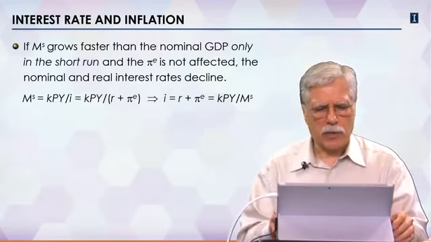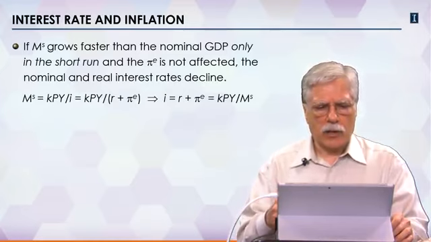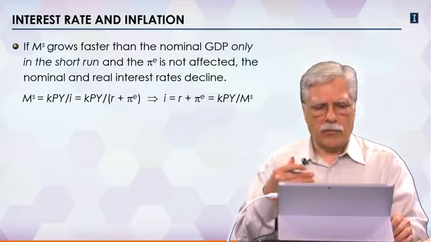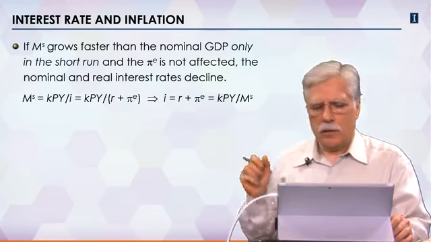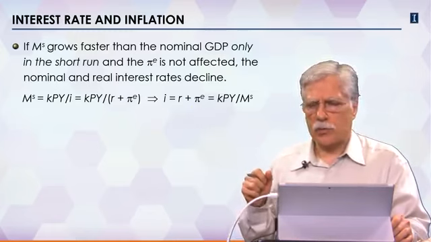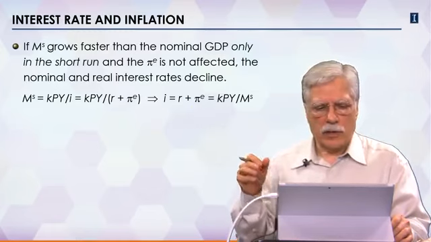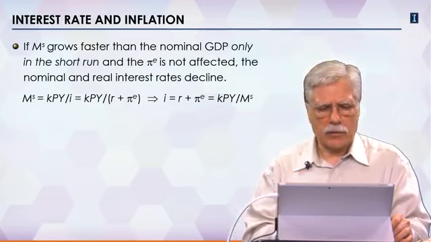So let me summarize what we've said about long run and short run. If money supply grows faster than the real GDP or nominal GDP, only in the short run, we're going to get the nominal interest rate go down, as long as pi e is not affected.